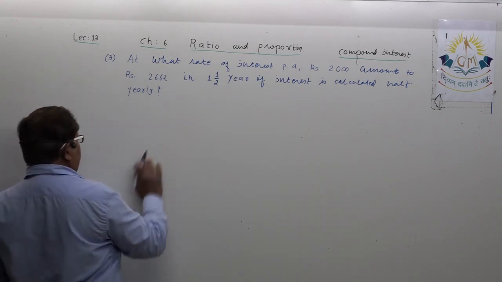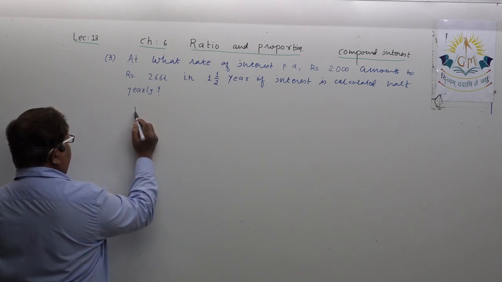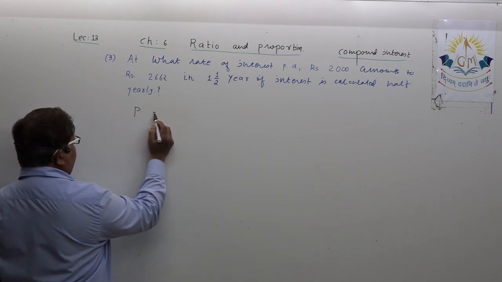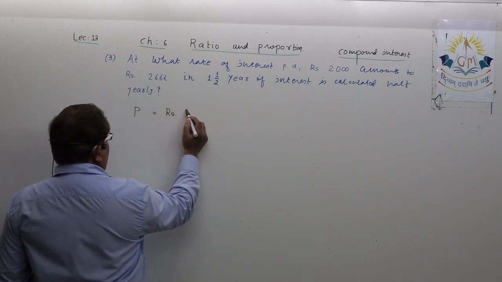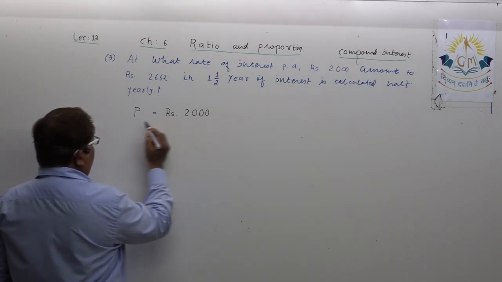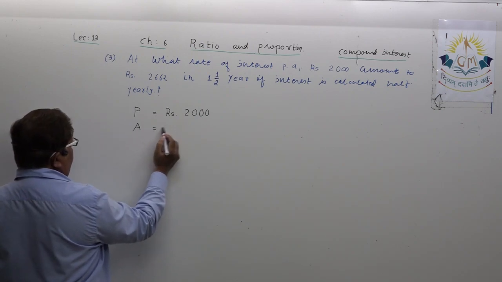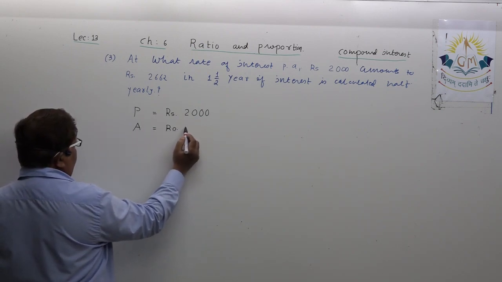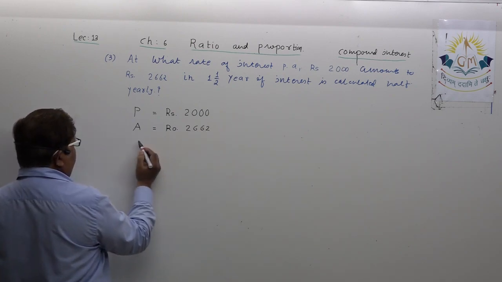First, dear student, write the principal, that is rupees 2000. Then the amount has been given, rupees 2662.